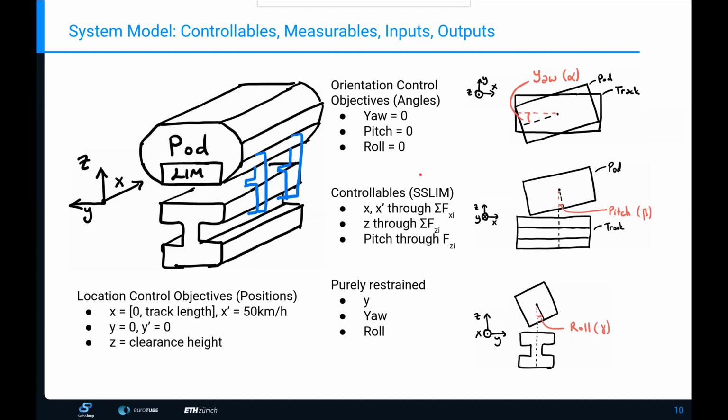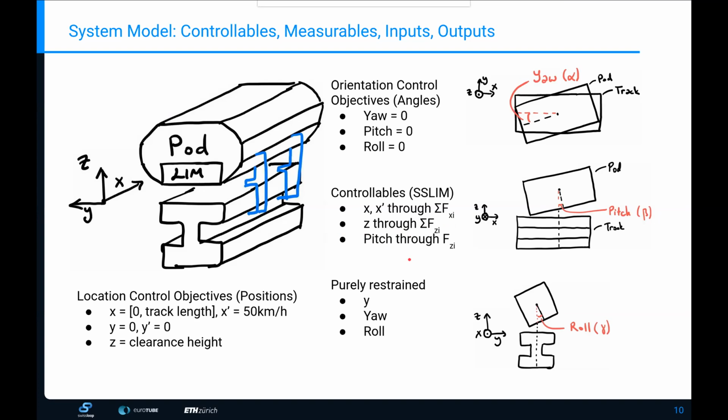I said with the usual single-sided linear induction motor, we can try to control most of these things, but we may also face some limitations. So the velocity and the position in the x direction are controlled directly through the sum of the propulsion forces that we generate, and the actual levitation force is the sum of the levitation forces that we can generate, and this can regulate our z position.